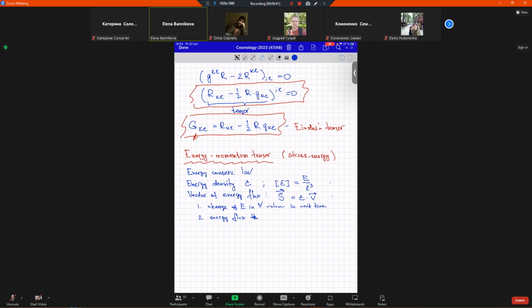The momentum flux we can call P, like this. It's not enough letters, so okay, P. The momentum flux we can clarify as energy density times v divided by c squared.